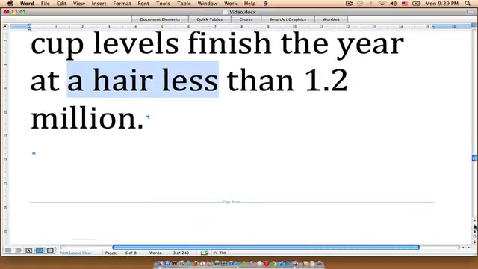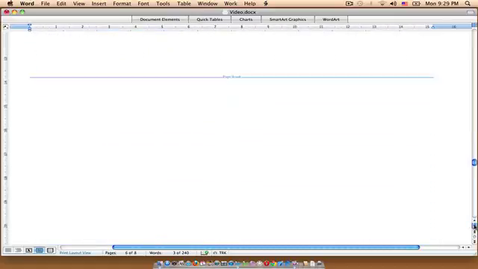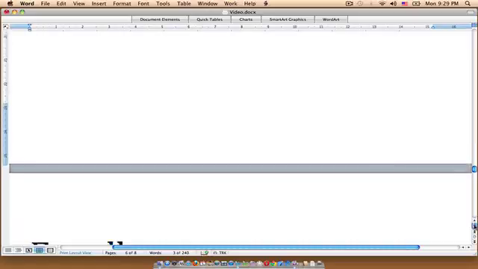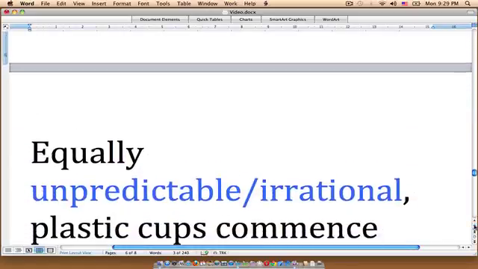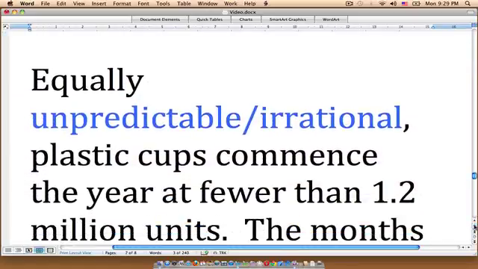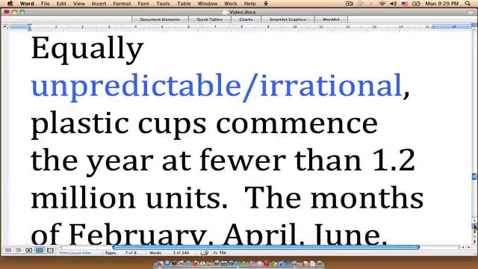Okay, now let's start the second analyzing paragraph, which, as I told you before, refers to the figures seen for plastic cups. Equally unpredictable, plastic cups commence the year at fewer than 1.2 million units.